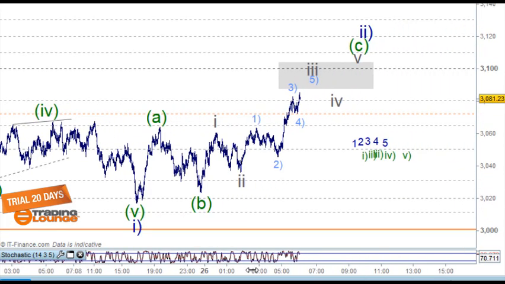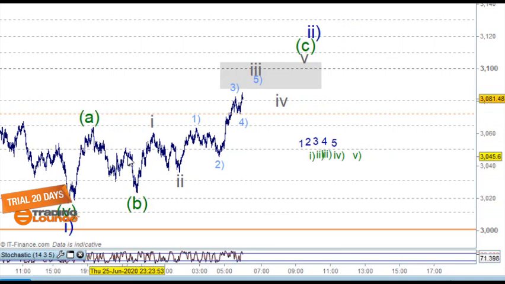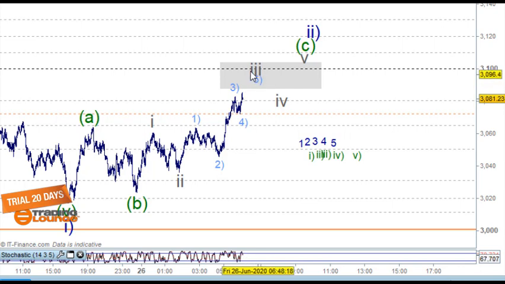So the count to the upside here can be really quite simple in terms of a nice impulse wave here for wave A, an ABC here for the B wave, and then 1 here, a little ABC here for the wave 2, then 1 and 2 here, and then the third wave to here, the fourth wave to here, and the fifth wave moving up into this space here.